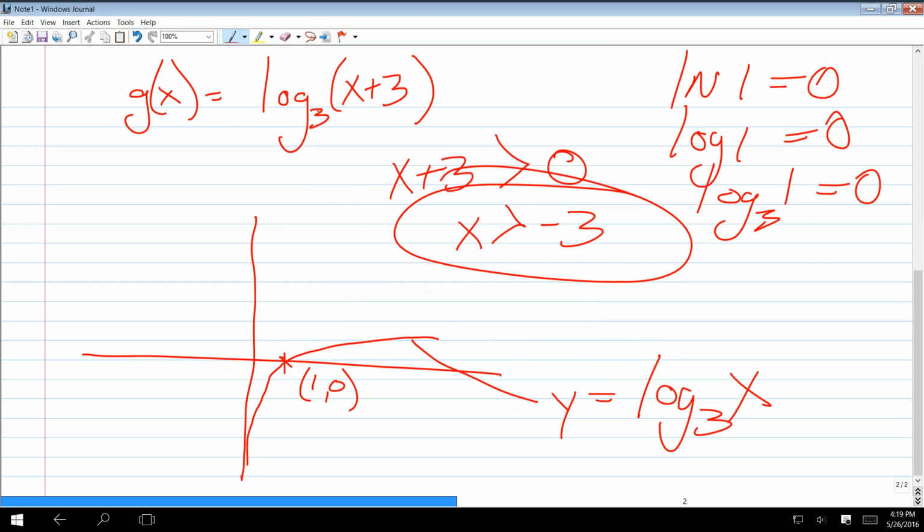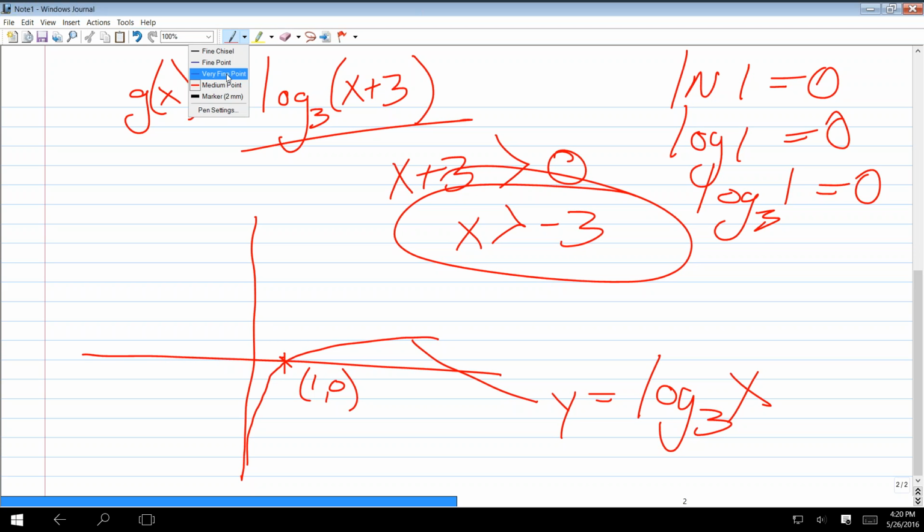Well, that's very similar to the problem you gave me. How does it differ? In other words, talk about this as the parent function and talk about this as being translated. Log base 3 of x plus 3 is merely translated from log base 3 of x. So if we can figure out the translation, we can graph it very easily.